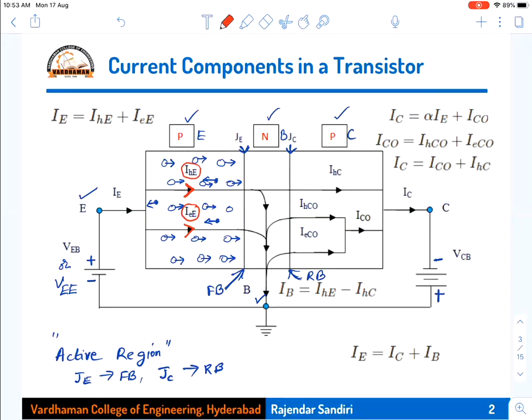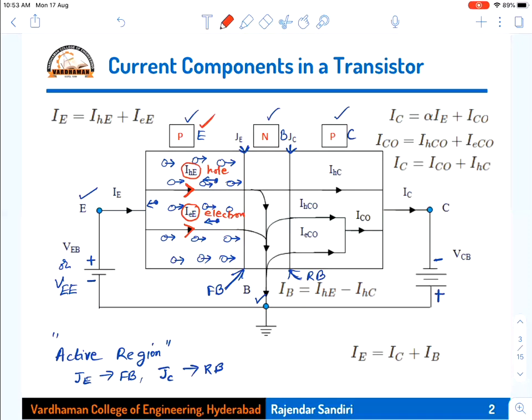So two types of charge carriers are flowing: holes in the forward direction, electrons in the reverse direction. Both charge carriers constitute the current, and those currents are represented by IHE, the hole current, and IEE, where small e represents electron current. H represents hole, E represents electron, and capital E represents that these currents are flowing in the emitter region.